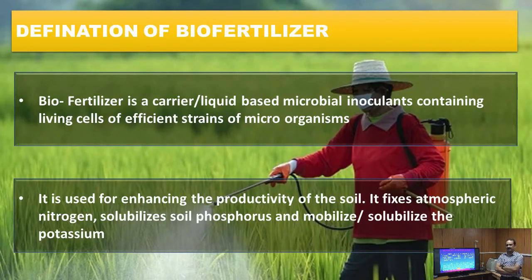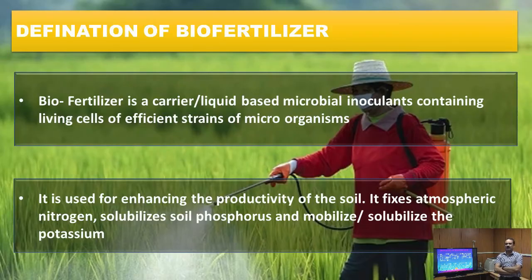On the basis of these things, biofertilizer is defined as a carrier-based microbial inoculant. It contains living cells of efficient strains of microbes which increase crop productivity, enhance soil fertility, fix atmospheric nitrogen, and solubilize the phosphorus and potassium that are fixed in the soil.